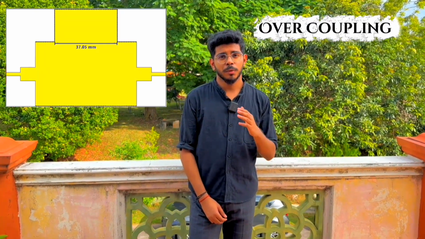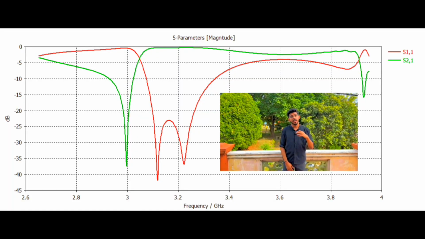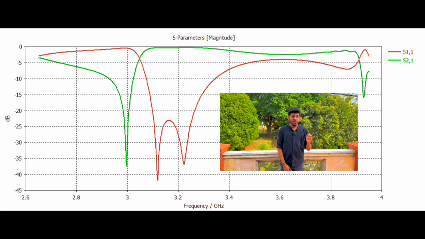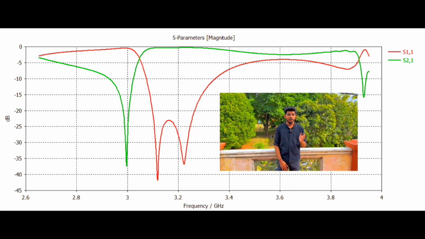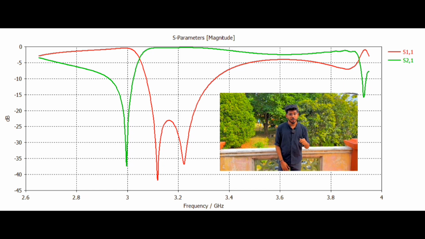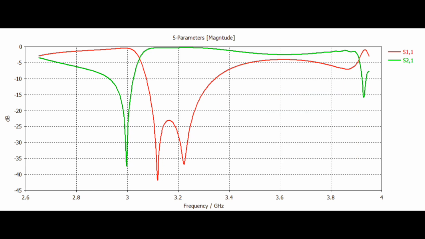The second one is overcoupling. Overcoupling is fully opened vias, where the width between the resonators is fully opened. Whenever the fully opened vias happen, the reflected power will be too weak, but the bandstop response will be so powerful, like below 40 dB.